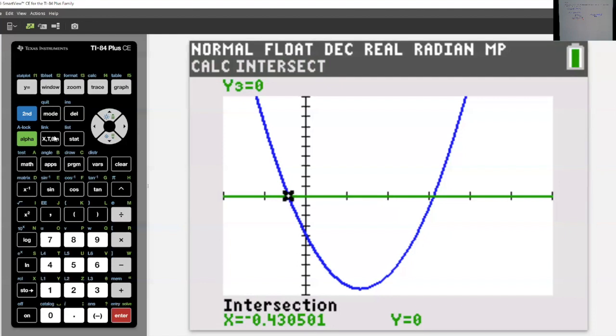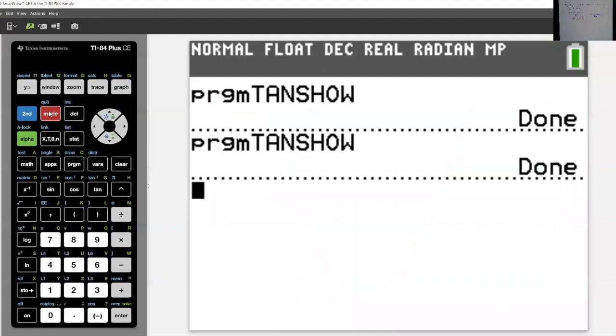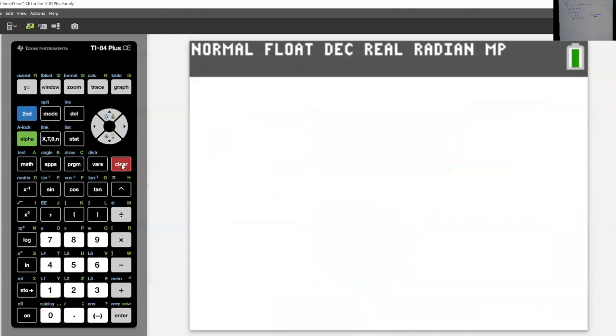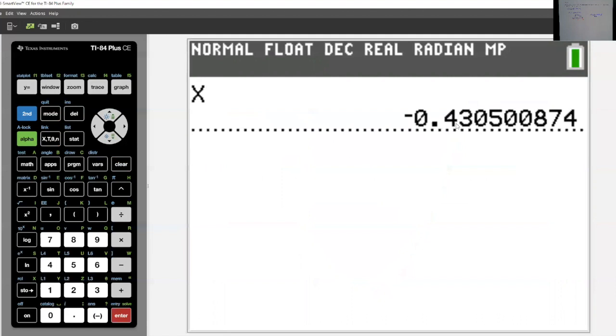So we're going to press second quit, or second mode, to get the quit. I'm going to clear out my home screen. Right now, if I type x, x has been stored as that critical number we just found. So there it is, negative 0.431. However, when I go to find the next one, my x is going to be that new one and it'll override this, so I'll lose this number.